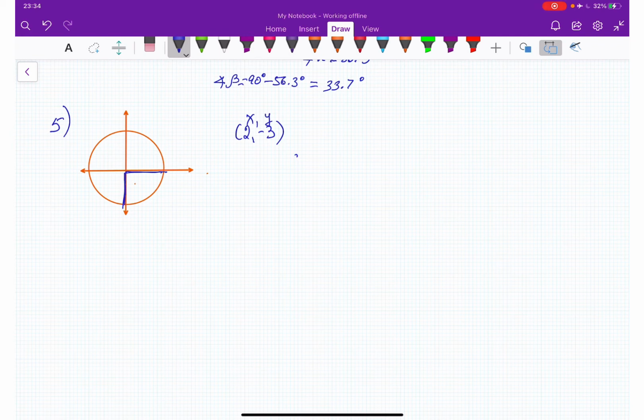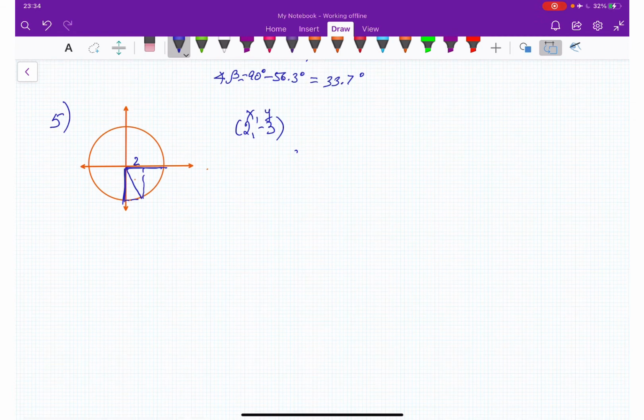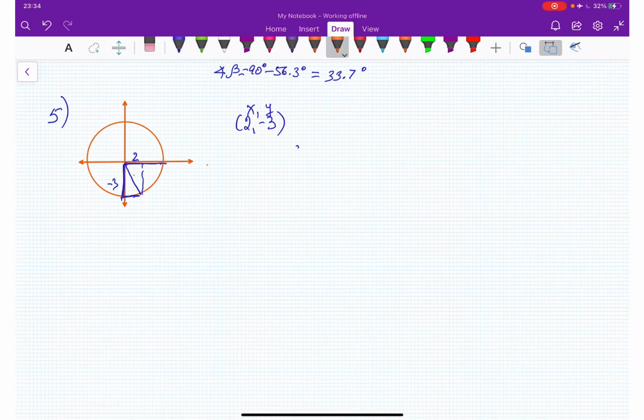So my angle is going to be this way, because my x is positive 2 and y is negative 3. Okay? So this is going to be our right angle, right? Here also right angle.